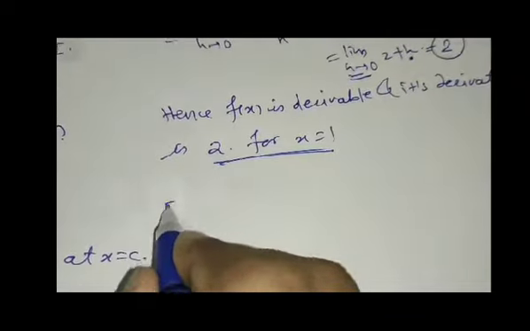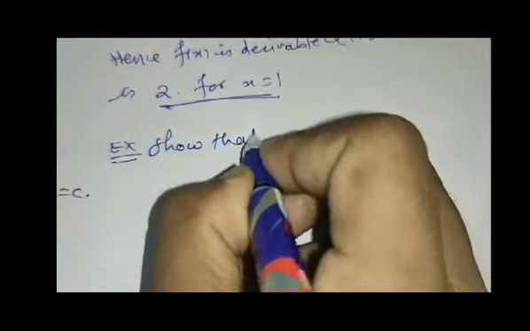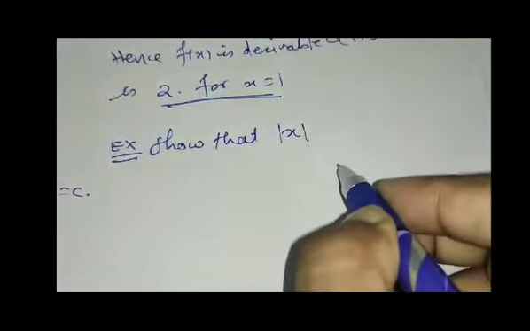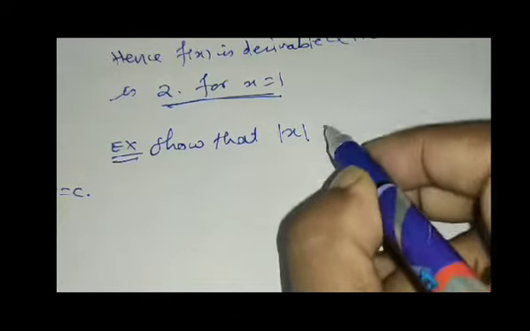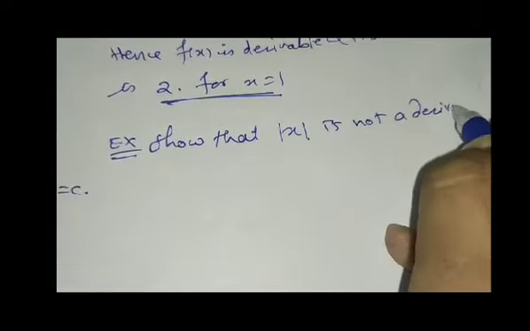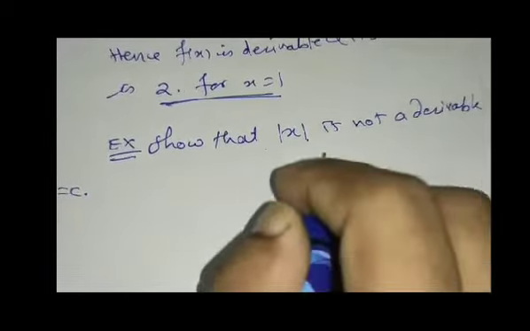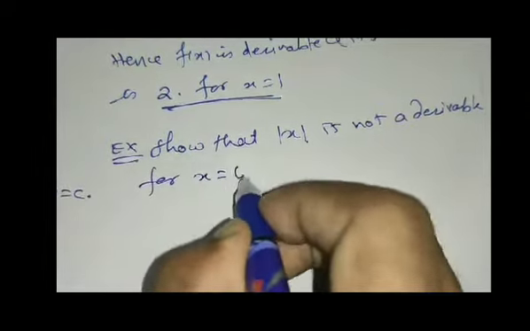Okay, one more example we discuss. Example: show that mod x is not derivable for x is equal to 0.